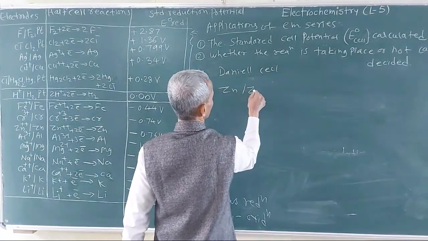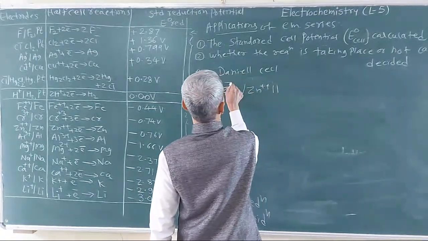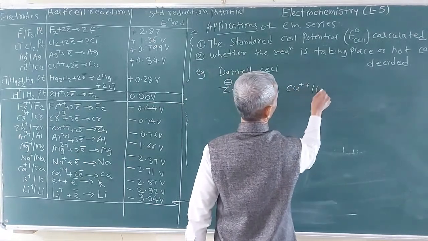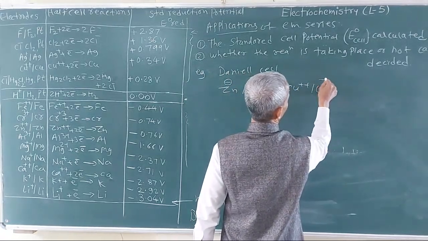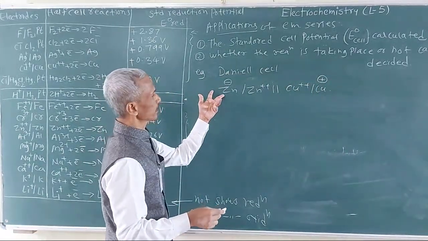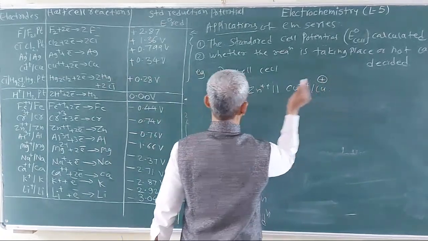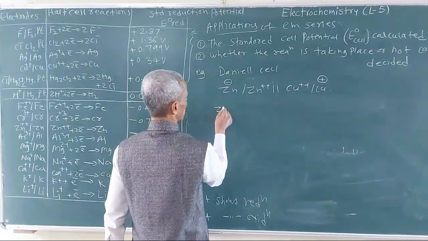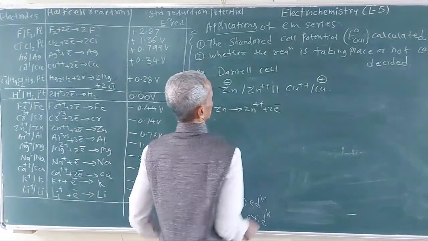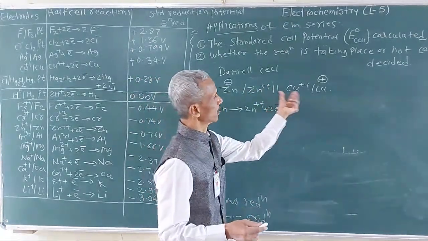The zinc electrode is separated by a salt bridge from the copper electrode in copper ions. So this is the anode, oxidation taking place, and this is the cathode, reduction taking place, and therefore the zinc gives electrons. The zinc electrode is attached through the salt bridge to the copper electrode.